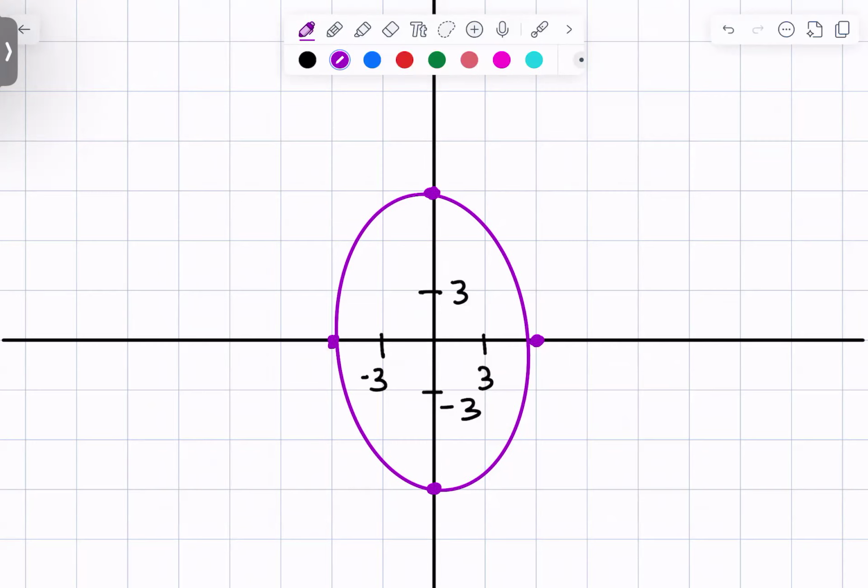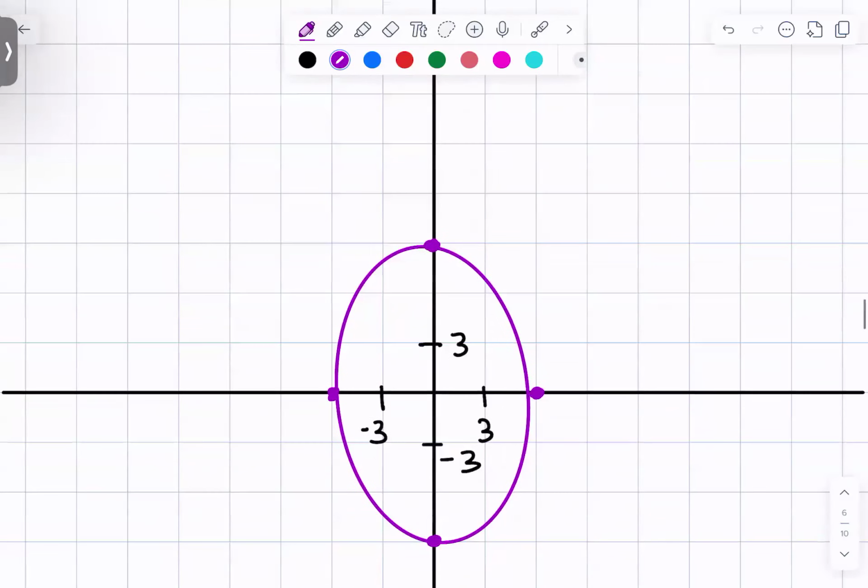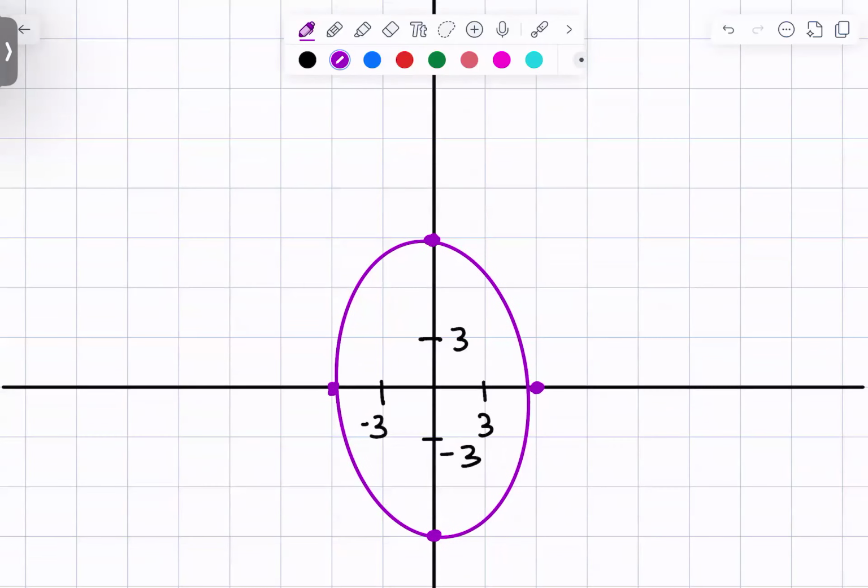Just try your best to make it as close as possible, and make sure that your points are easily seen, because when someone grades this, they're going to look for those points.